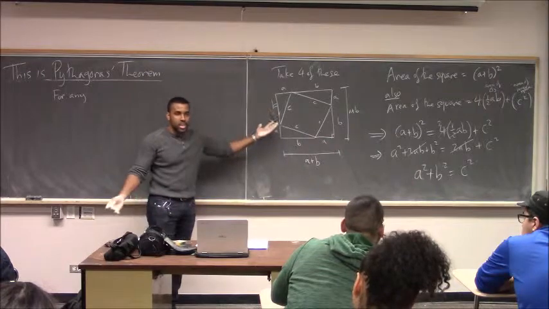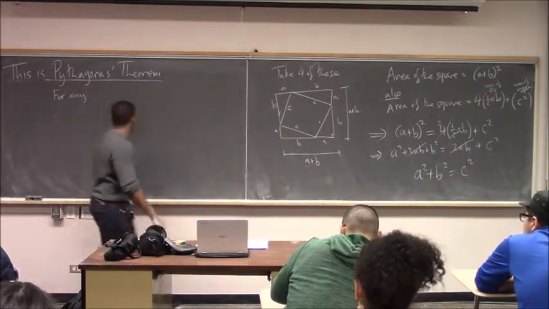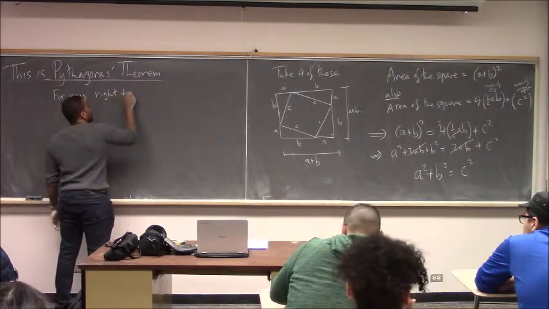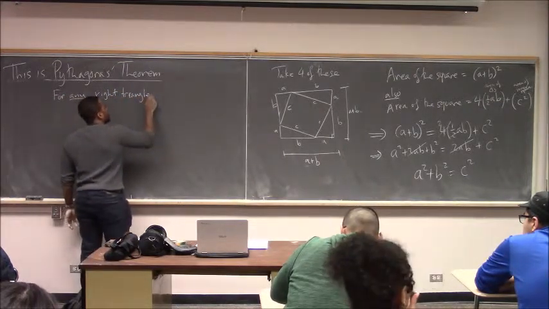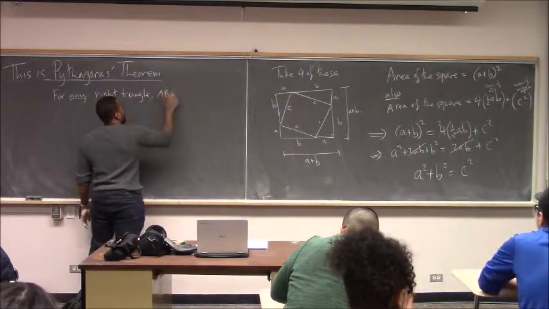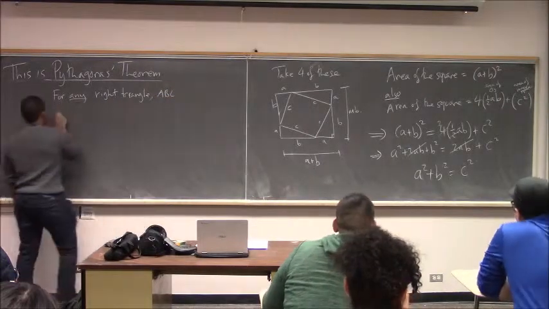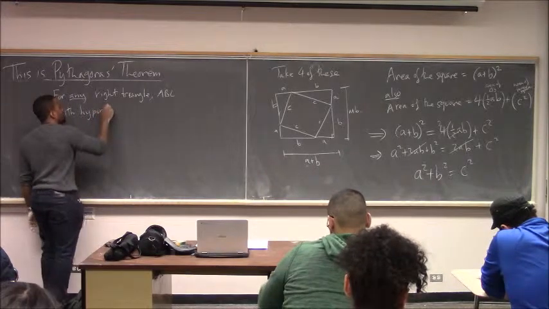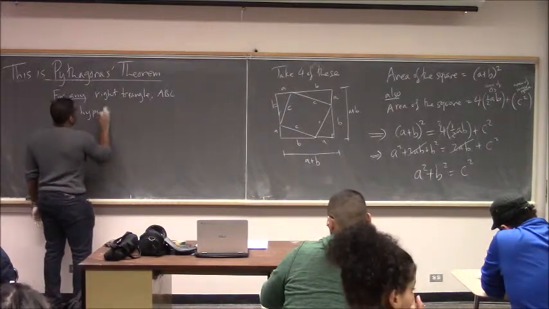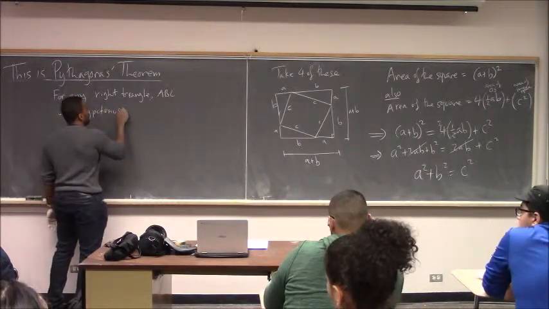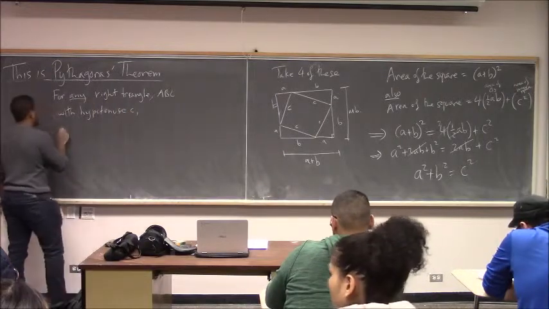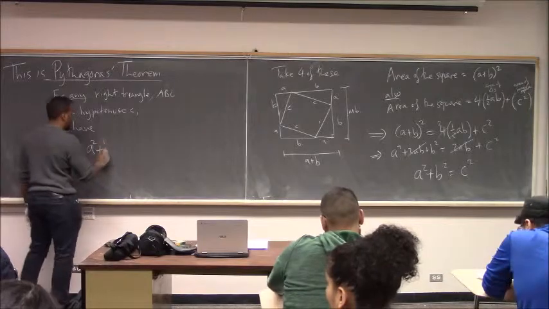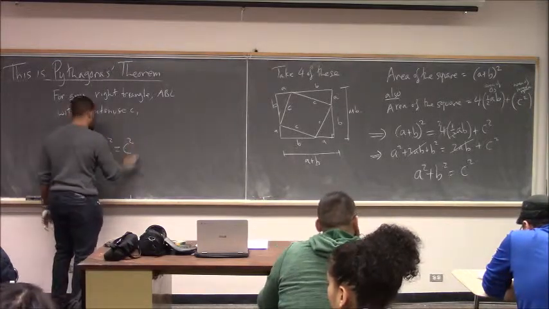A, B, C could be anything that I can arrange in this shape. For any right triangle A, B, C with hypotenuse C, we have A squared plus B squared equals C squared.